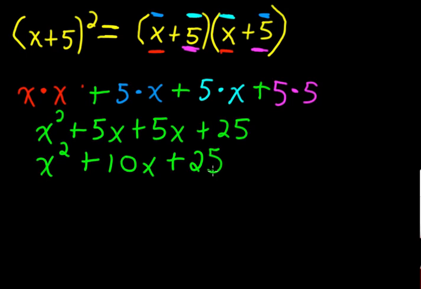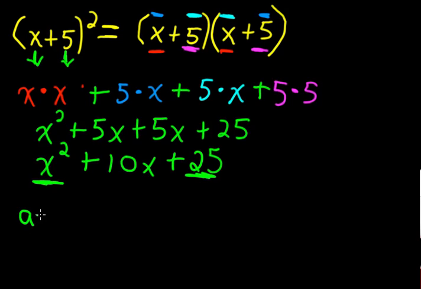But some people see a pattern in this and they'll rush right to the pattern. So the thing to think of, notice that that matches the first number squared. And this matches the last number squared.